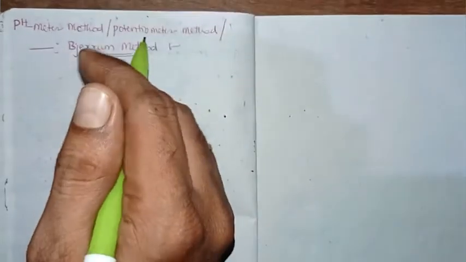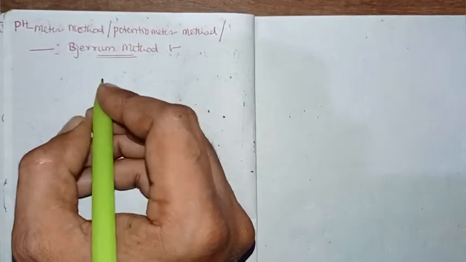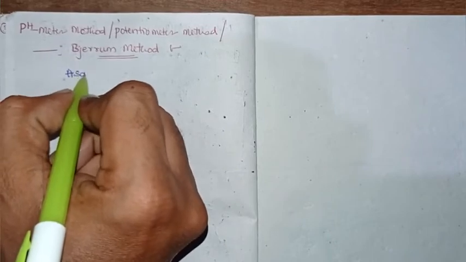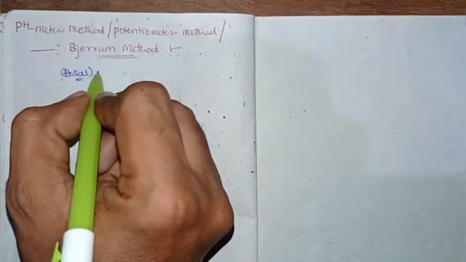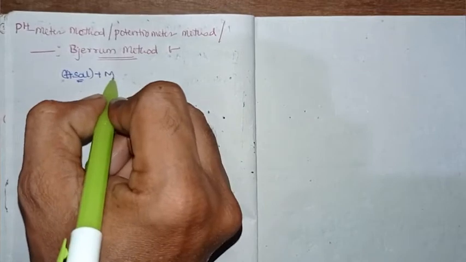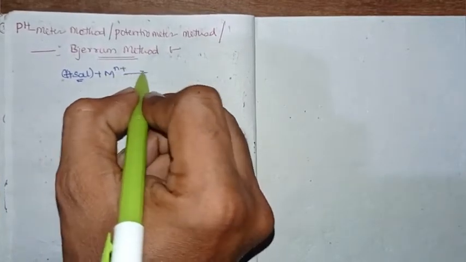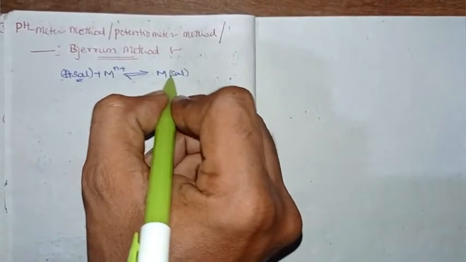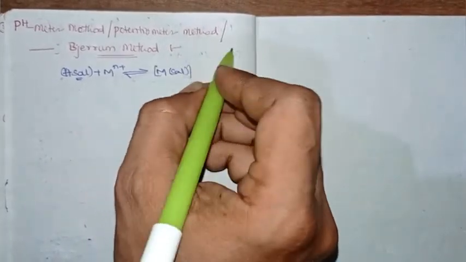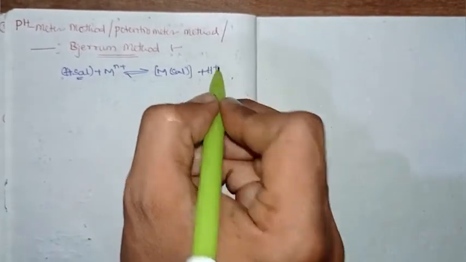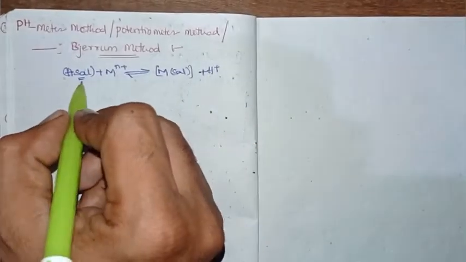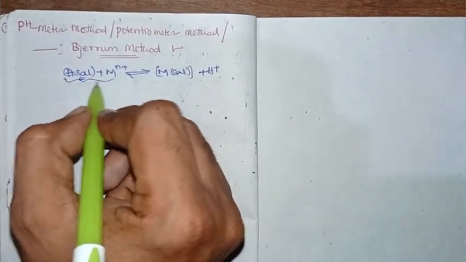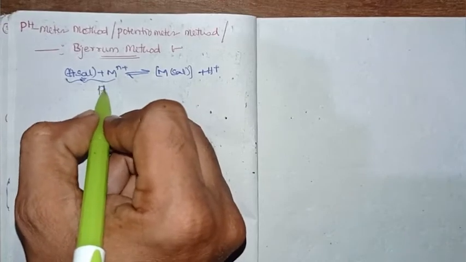So in this case, when we consider such ligands, I would like to consider salicylic acid. This particular salicylic acid reacting with metal ion, while it is forming the complex, it liberates the proton. So it means that before complexation, this particular combination will have a certain pH value.